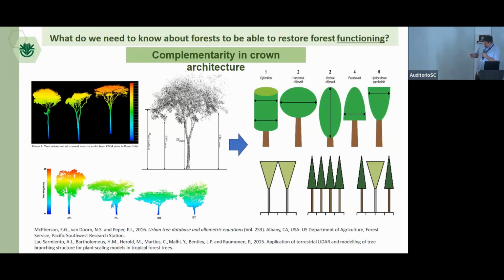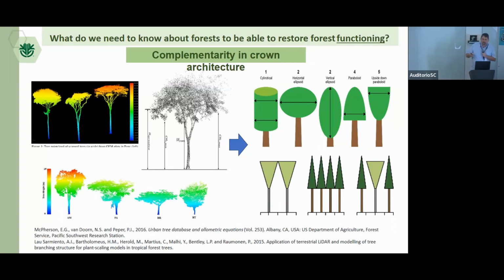Here you can see scans of trees, and these different crown shapes are translated into models. What I mean by complementarity is, in the lower graph here, a tree type with this shape and this shape together complement each other. They would not compete the same way as they would if they had the same shape.